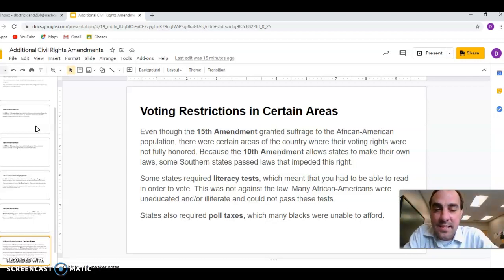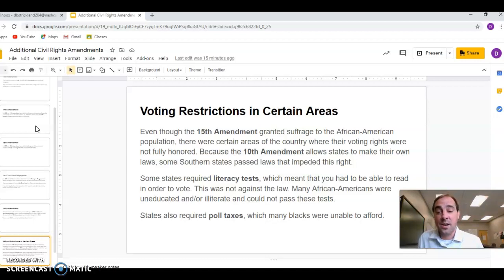One of the ways they did this were literacy tests, which was basically just like it sounds, a test seeing whether or not you could read. The problem with it, whites were generally given easy tests with easy questions, whereas people of color were given difficult tests with difficult questions, were unable to answer these questions, and thus were unable to vote.